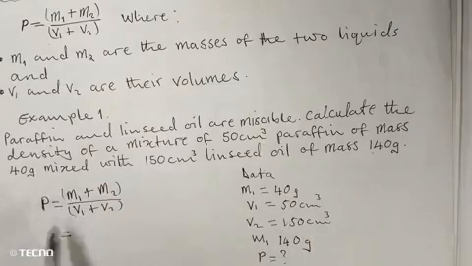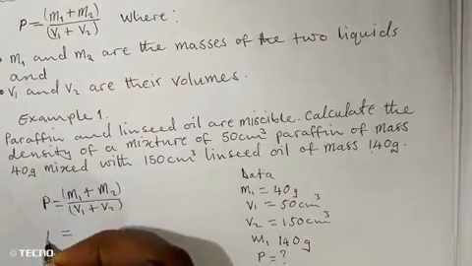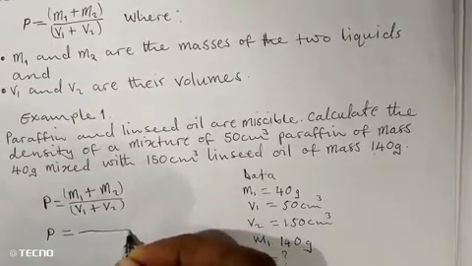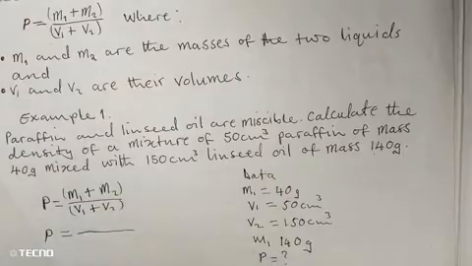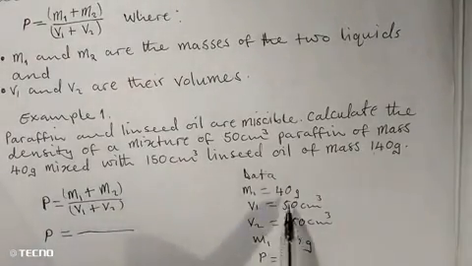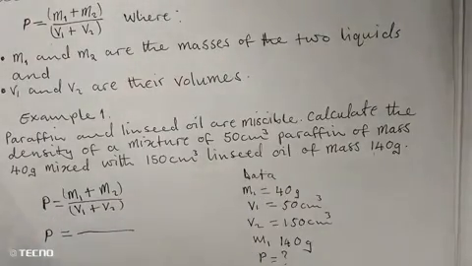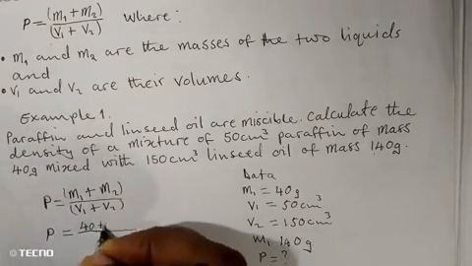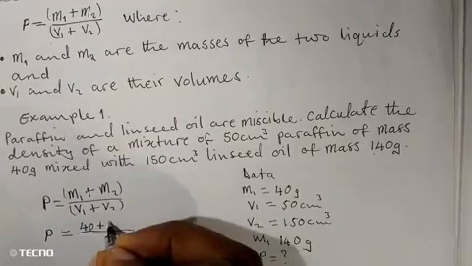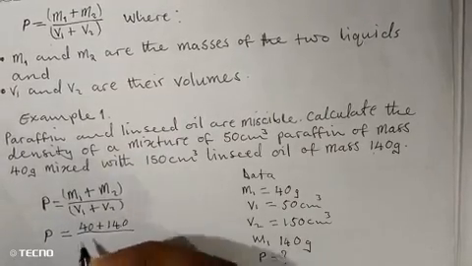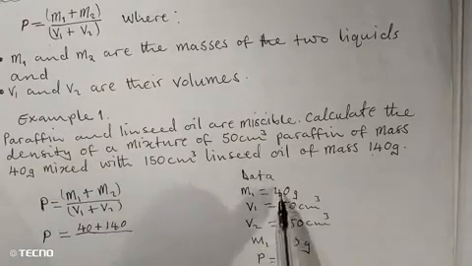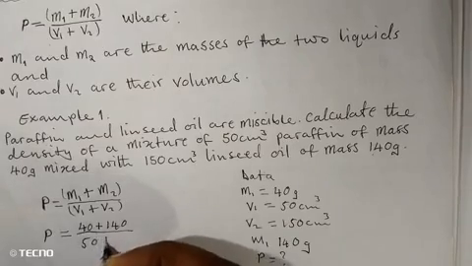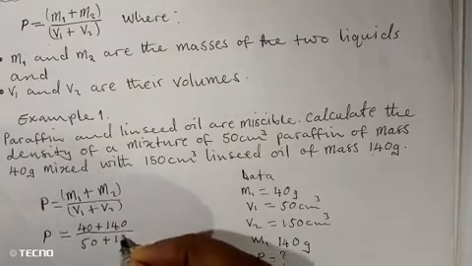Here is density, and then mass 1 which is 40, so we'll say 40 plus 140, and then volume 1 is 50 plus 150.